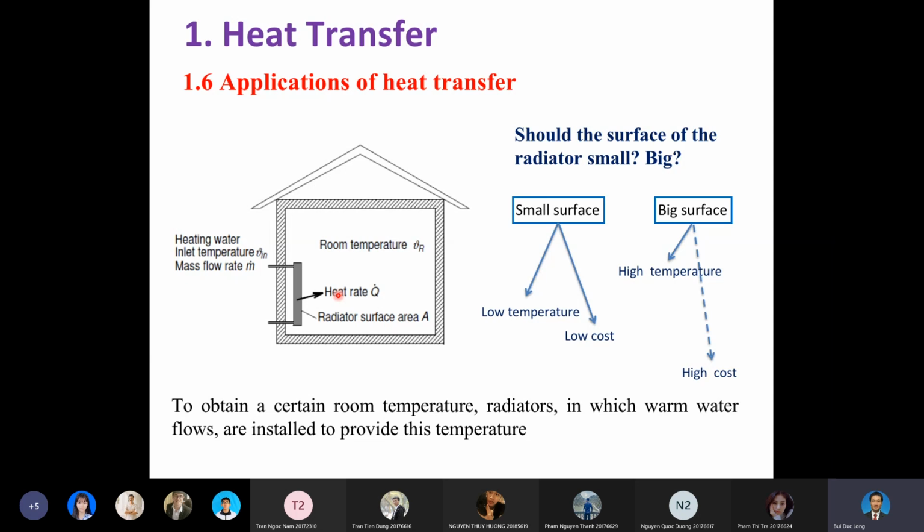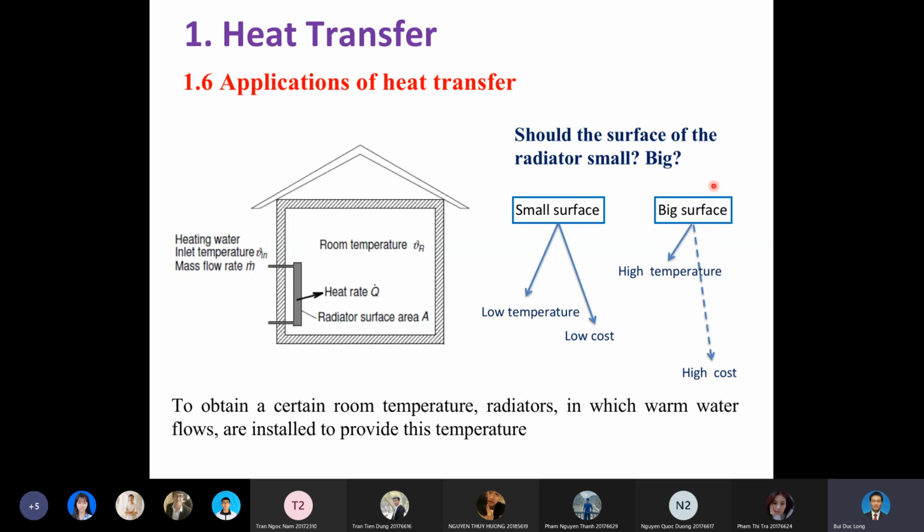That is a problem. But on the other side, if you use a small surface, the contact area between the radiator and the room is small, so of course the production cost of this radiator will be less. You have some disadvantages and advantages.